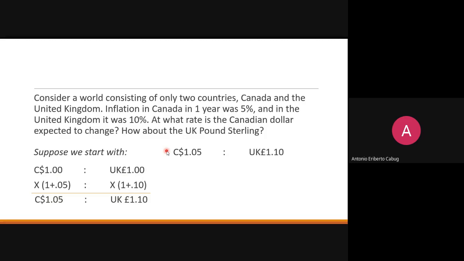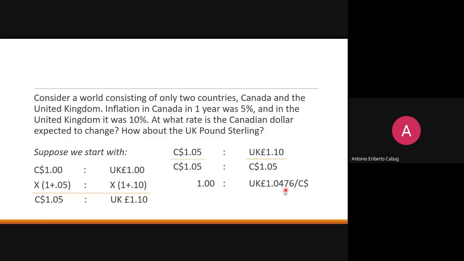Compared to the UK pound sterling, the Canadian dollar is equal to 1.05 na ngayon, no? Yung anong nabibilihin nyo ng $1 dati, 1.05 na kailangan. So, anong nabibili nyo ng 1 UK pound dati, 1.10 na ngayon. So, for the Canadian dollar, divide both sides by 1.05. Okay?